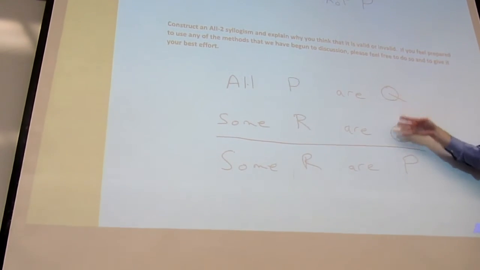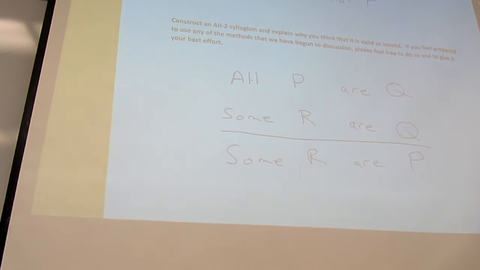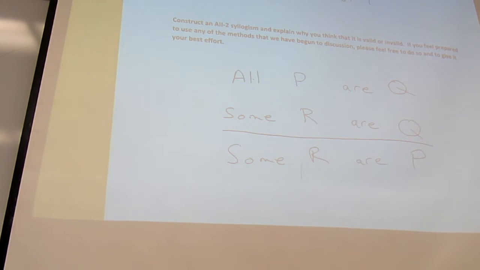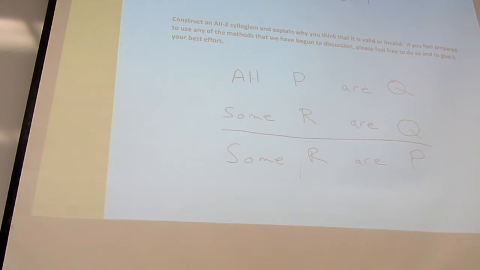Now, the structural reason why it's invalid is because the way these two statements have the middle term configured leads to its invalidity. Now, not all figure 2 syllogisms will be invalid. As a matter of fact, many figure 2 syllogisms will be valid. It just turns out that AII2 syllogisms are invalid. It fails to what we call distribute the middle term.